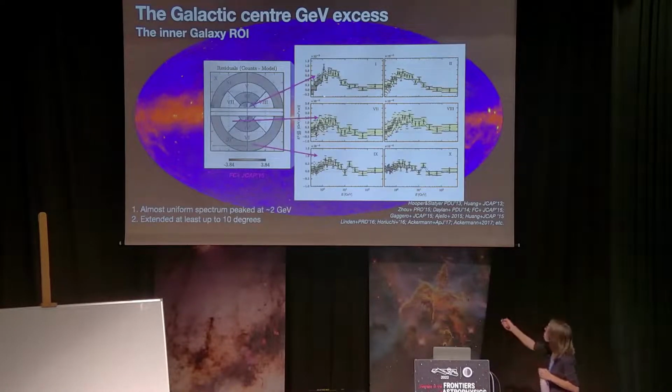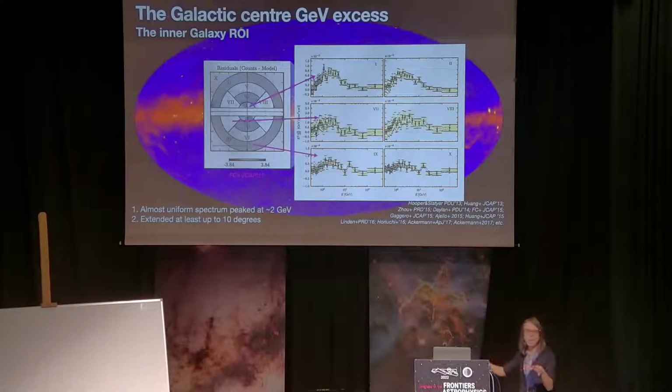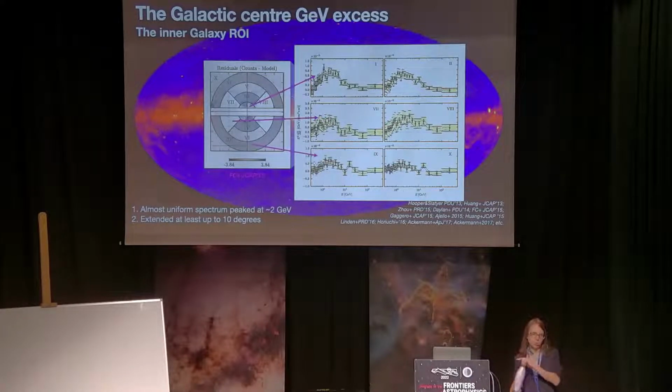And above all, what is really driving scientists a bit crazy is that this excess is pretty uniform in space, in the sense that whatever section or segment of the main region of interest you take, the spectral energy distribution always peaks at around 2 GeV, and then there is a smooth transition in space. So what it can be, if I have time, I will go through that tomorrow.